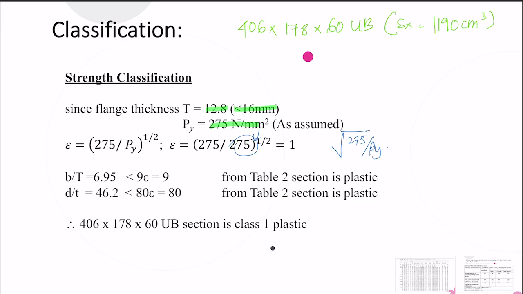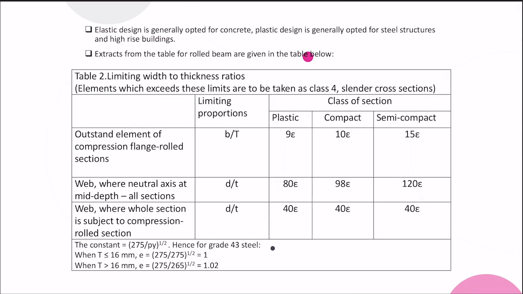Okay. And why do we want to calculate the constant? Because we need to refer to this table to make sure whether our section is plastic, compact, or semi compact, which one. First we will compare the value of B over T, okay, for the flange. Right. And D over T for the web.